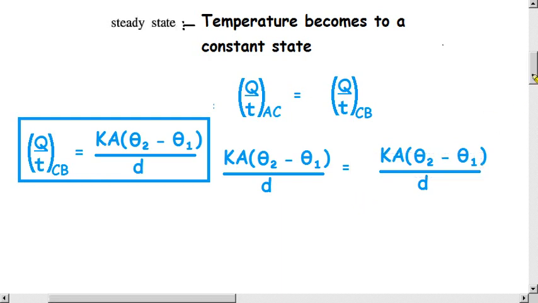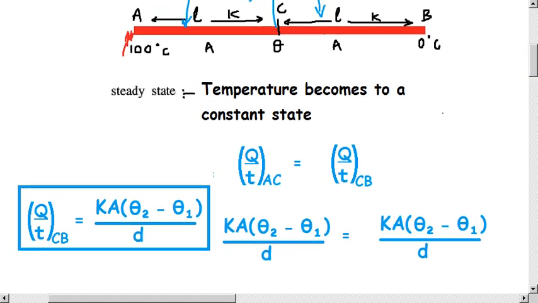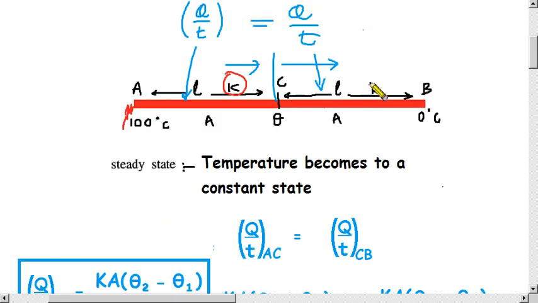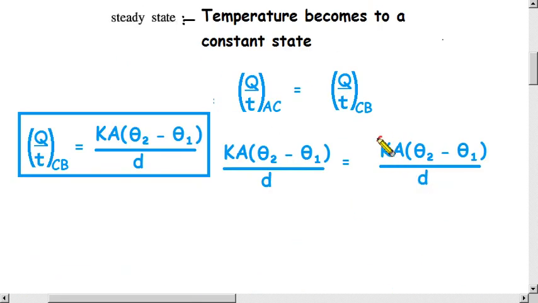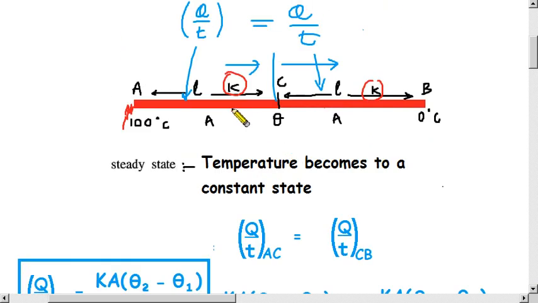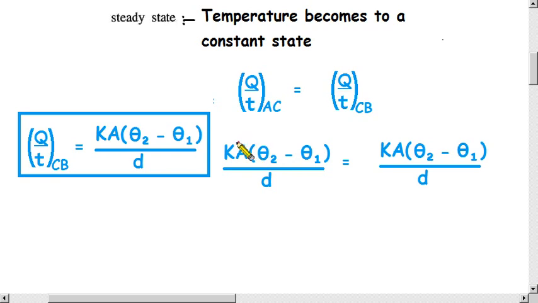So for the first rod, let us substitute the values. What is K? K is the same K, and for this one also K. So we don't have to change it. Area also, A and A are both the same, so we don't have to change this either.